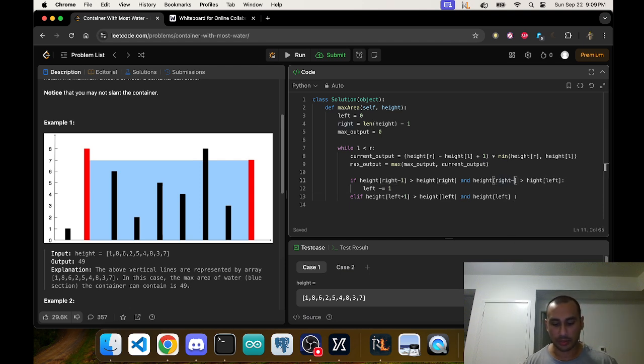Oh, this would be right minus 1 because the one moving to the left would be greater than this, because I want to move to the right. Oh, this would be right minus 1. This would be height at left plus 1 is greater than height at right. So that way if this is bigger, then I get more here.